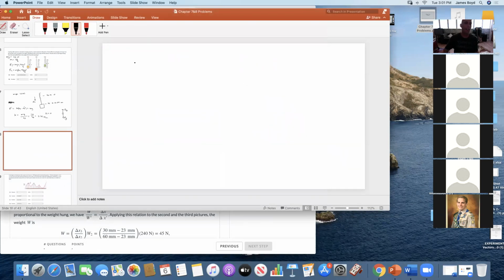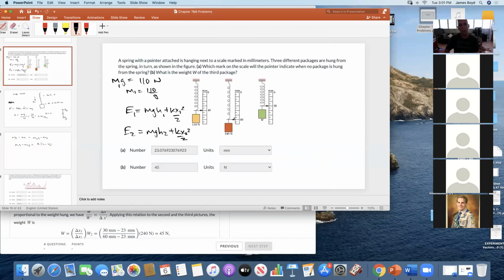They said that m1g minus kx1 was equal to m2g minus kx2 for the other one. Because k is the same, this gives you m1g minus m2g is equal to k times x1 minus x2, where x1 is our 40 millimeters and x2 is our 60.